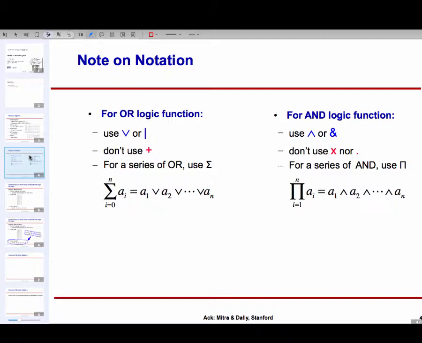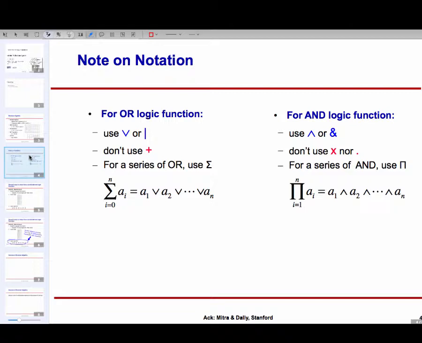If I have a series of ORs, then you can use sigma. There's a slight semantic inconsistency: I'm not allowing you to use plus, but I'm allowing sigma, but that's how it's done in Boolean algebra. So sigma of A sub i stands for A1 or A2 all the way to AN.